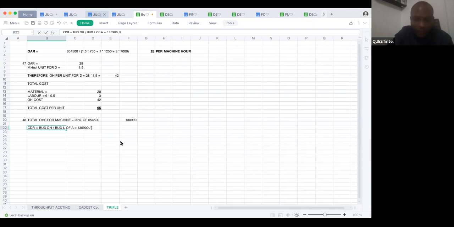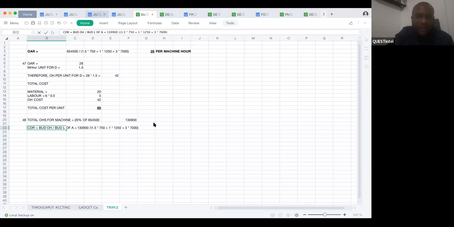So 1.5, I wanted to be lazy and just copy it from the top since we've done that before, times 750 plus 1 times 1,250. Now where we'll need something is if we get our cost driver rate and specify that cost driver rate.